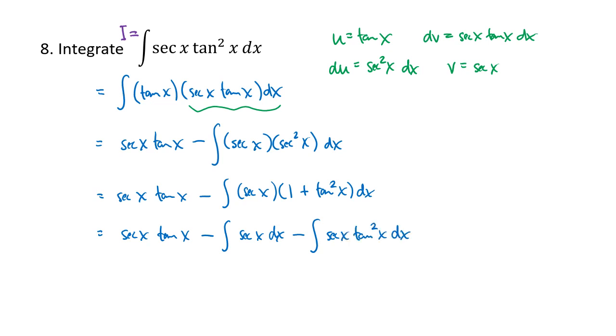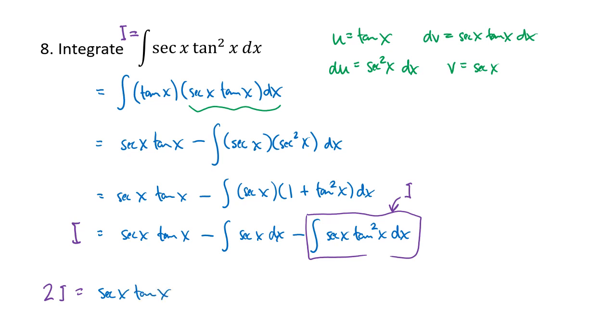And you might recognize this integral is I, the original integral again. So if that's on the left-hand side of this equation, because that's what we started with, we can add that to both sides and get 2I equals secant x tangent x.